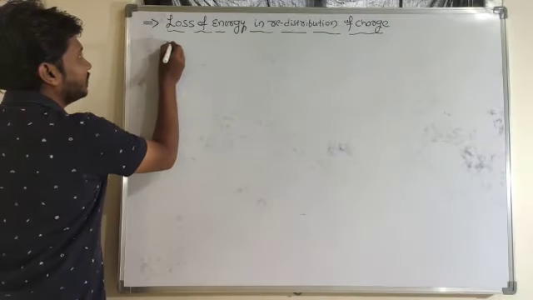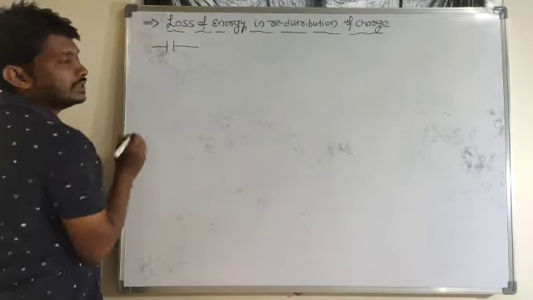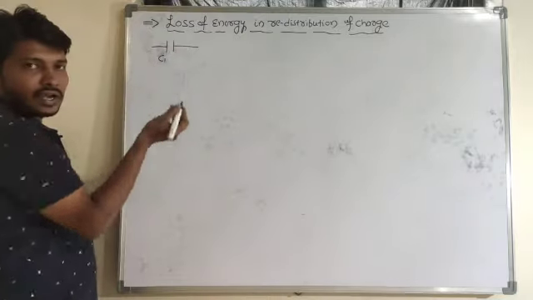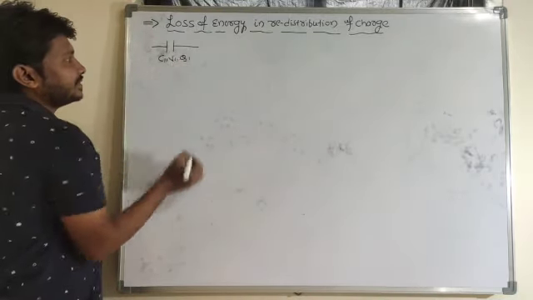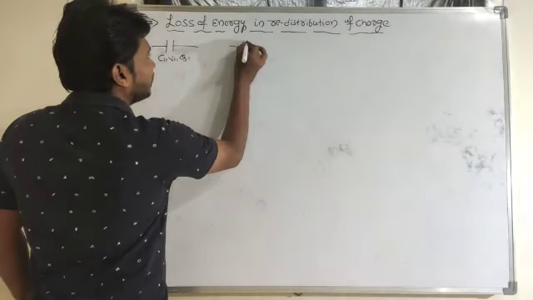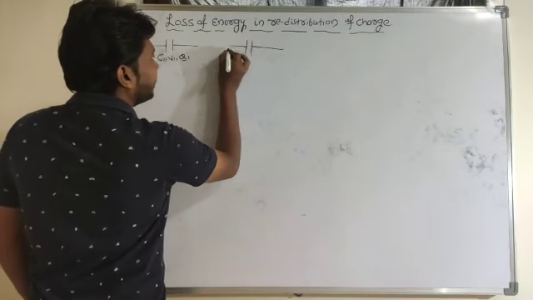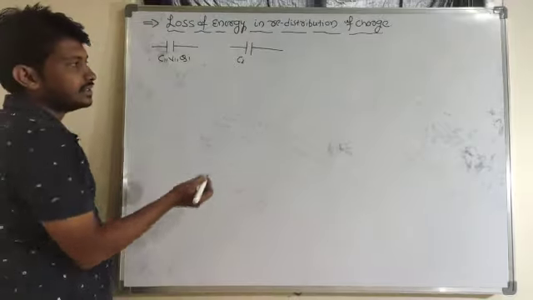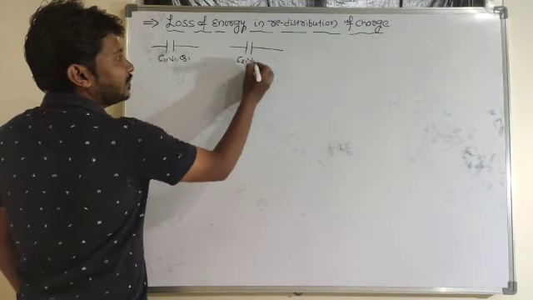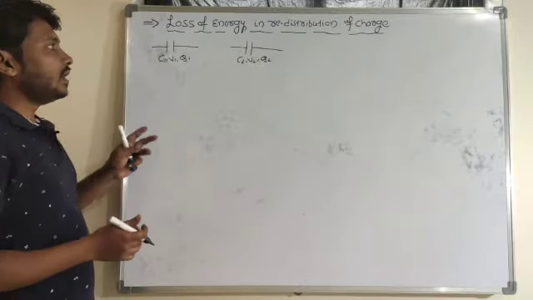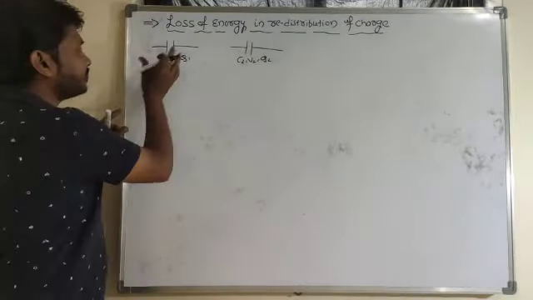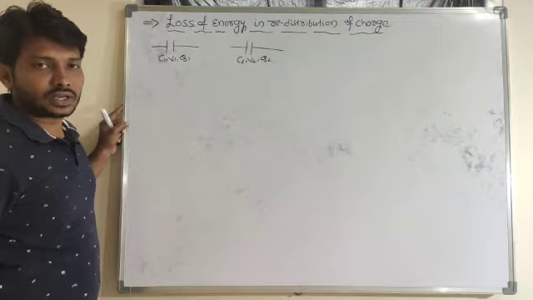For example, this is one capacitor, its value is C1, its potential is V1 and charge is Q1. Let me take another capacitor, its value is C2, its potential is V2 and the charge on it is Q2.